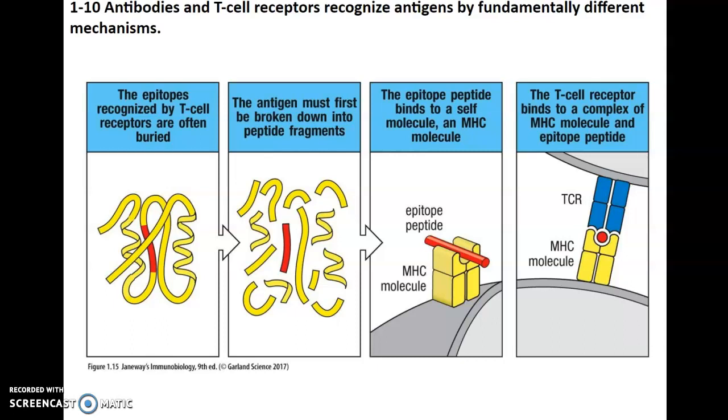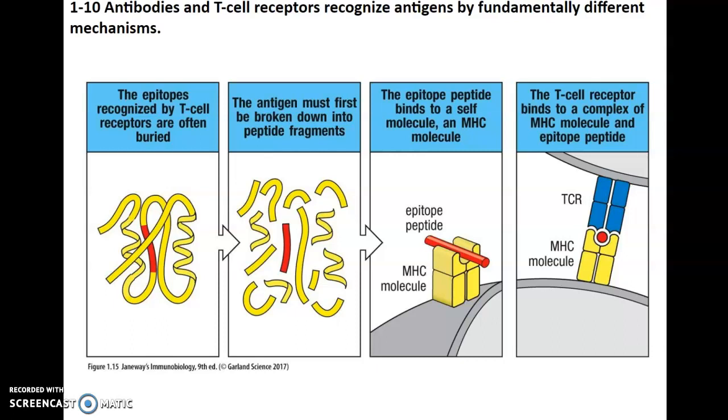So after it chops it up, it's going to present it on an MHC, or major histocompatibility molecule. And it depends on whether we're looking for attacking virally infected cells, or in the case of a macrophage gobbling up a bacteria, some exogenous protein, which MHC it's going to be presented on.